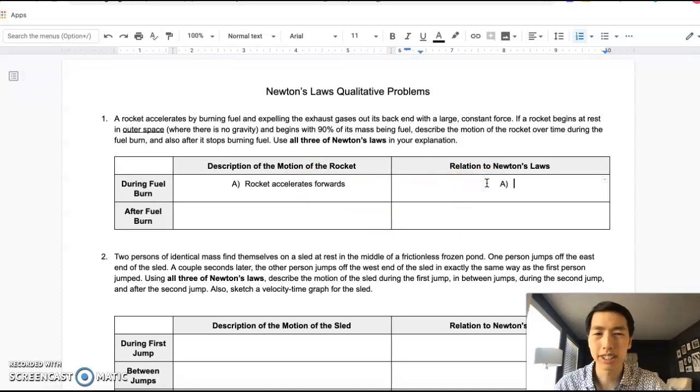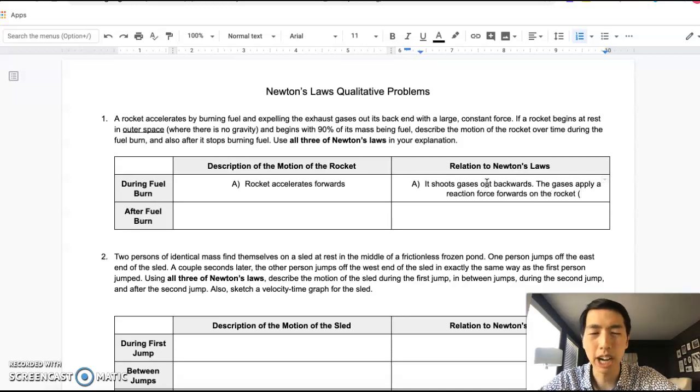Well, that's because it shoots the gases out backwards, and then that means the gases apply a reaction force forwards on the rocket. And that's Newton's third law, so in brackets I'm going to write N3.